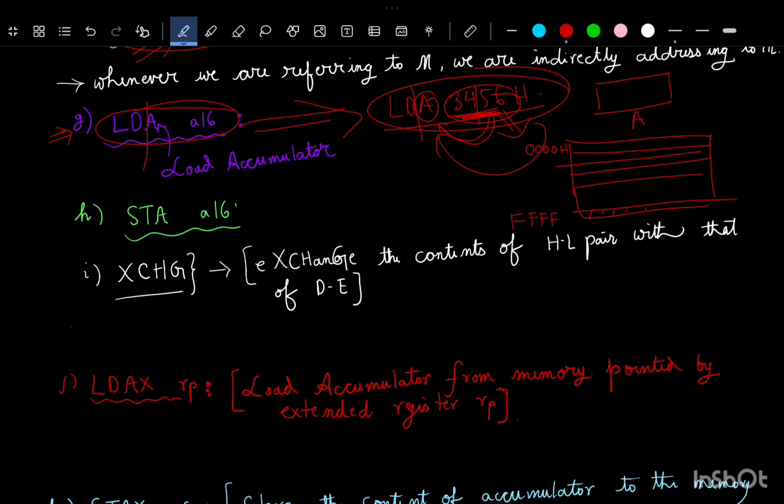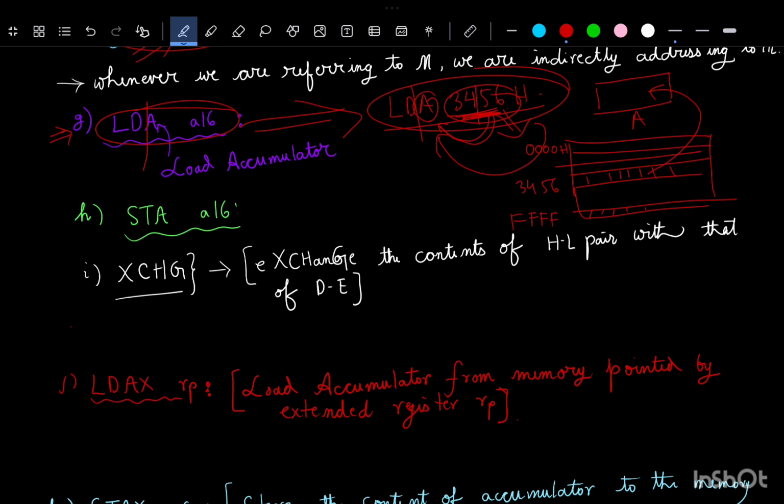So between 0000 and FFFF, we must have some location with address 3456, right? And the content of this memory location, which is 8-bit, will be loaded to the accumulator.